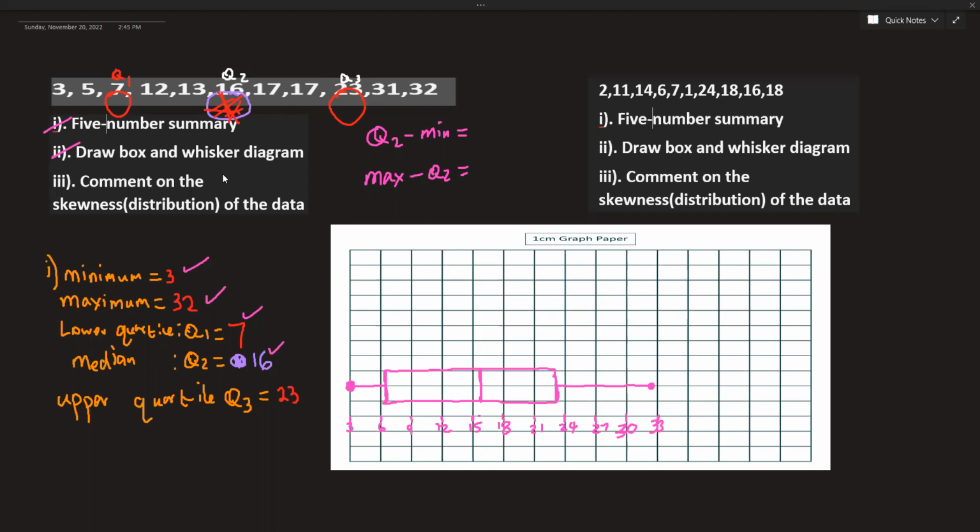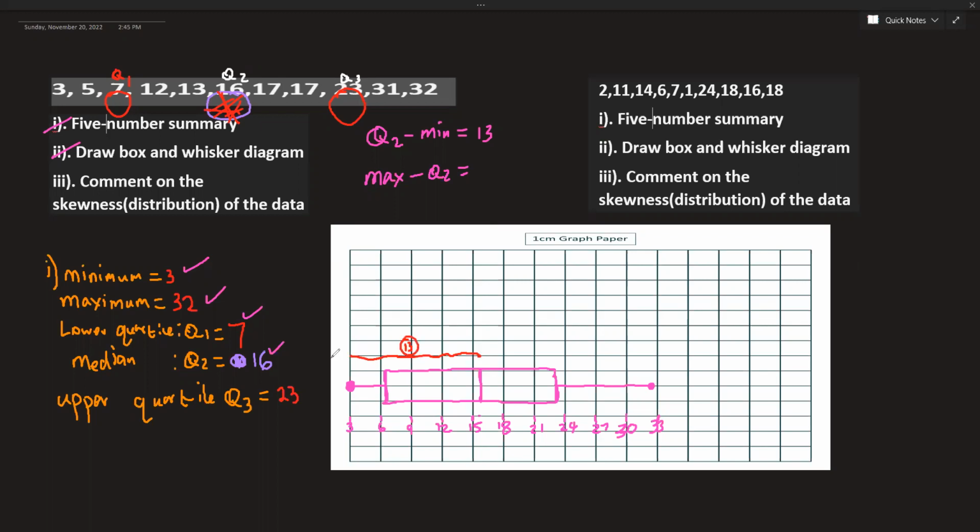So Q2 was 16. So 16 minus the smallest, which is 3. I get 13. So it's 13, which means the distance from here to there, this distance here is 13.